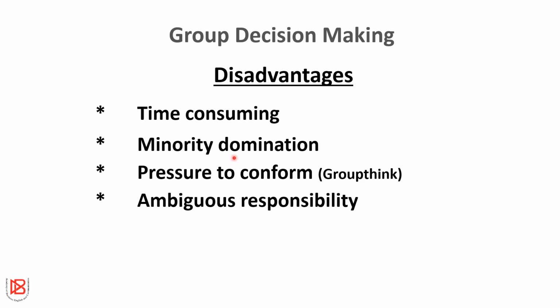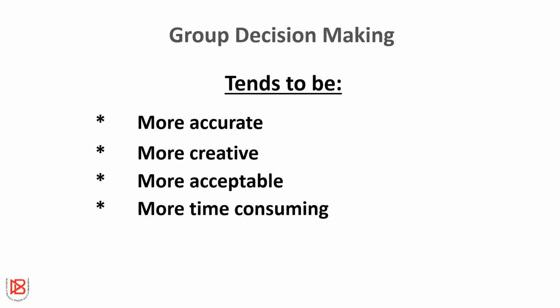Minority domination, where people who do not have a voice are left out. Pressure to conform is groupthink, and ambiguous responsibilities go around it. So we have these disadvantages, the pitfalls that I've been trying to tell you, be it time consuming, minority domination, pressure to conform, ambiguous responsibility, as the case might be.